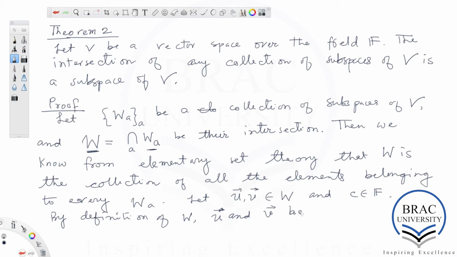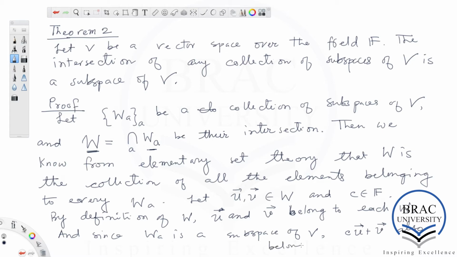And since WA is a subspace of V, CU plus V also belongs to each WA.